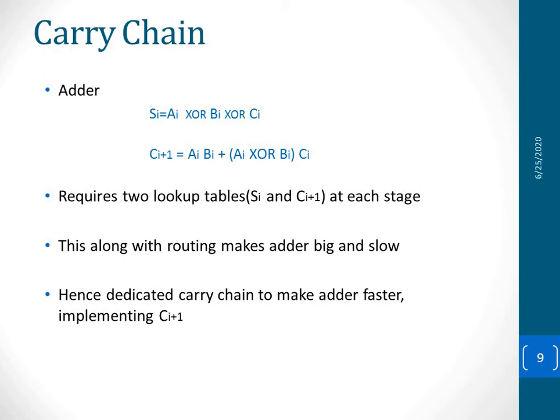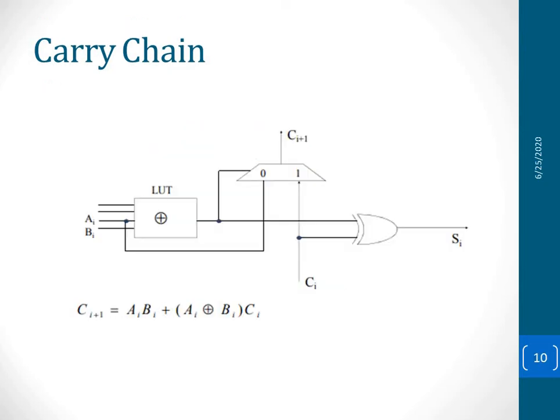If I keep making two lookup tables for each stage, then making the connections between them will be big, and it makes it a slower process also. So suppose I have a carry chain, then I can just connect them so as to make my addition faster.